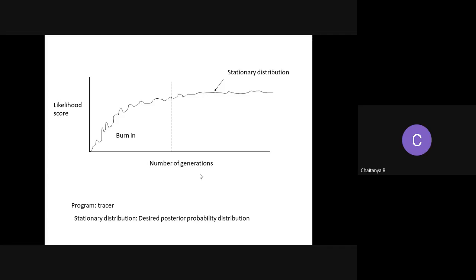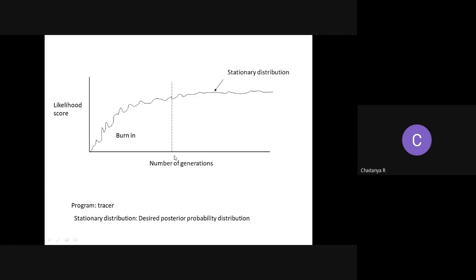Okay. Now there's a program called Tracer, which I missed sharing with you guys. Maybe after this session I'll share it with you. So you can actually look at log files and any file that uses a Markov chain to sample. It will show you a graph like this, and based on that graph, you can choose where to draw your burn-in cutoff. Right?